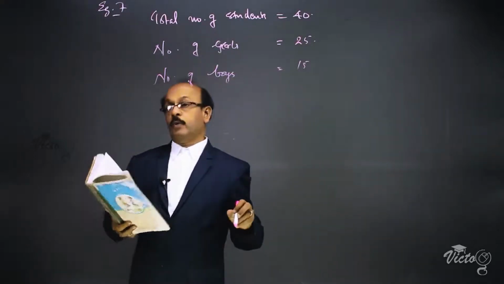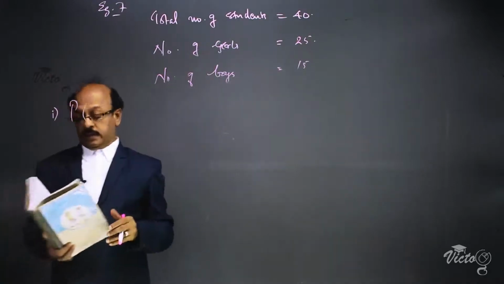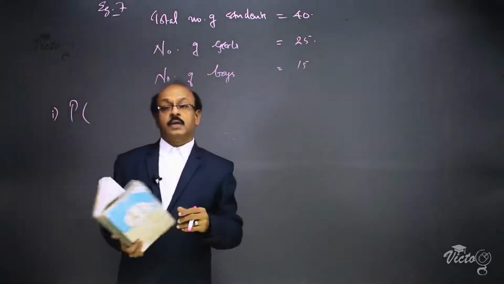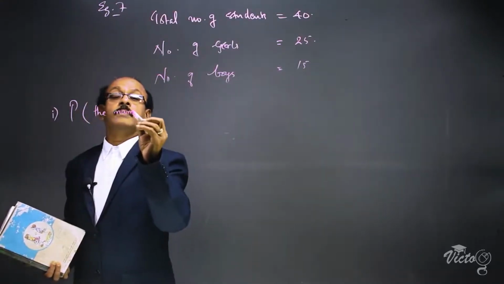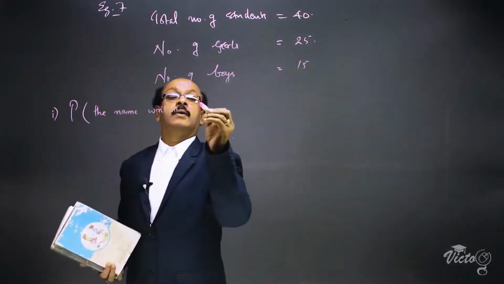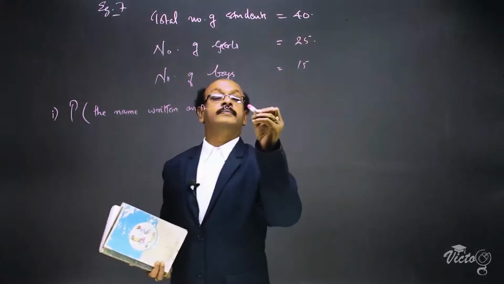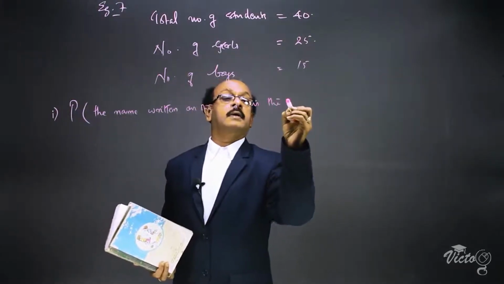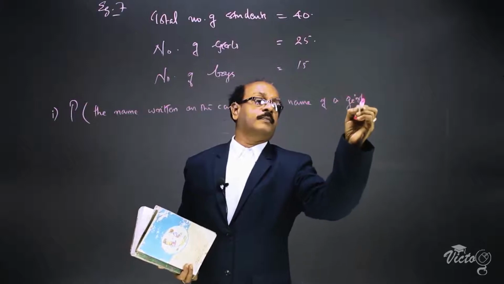First part, probability that the name written on the card is the name of a girl.